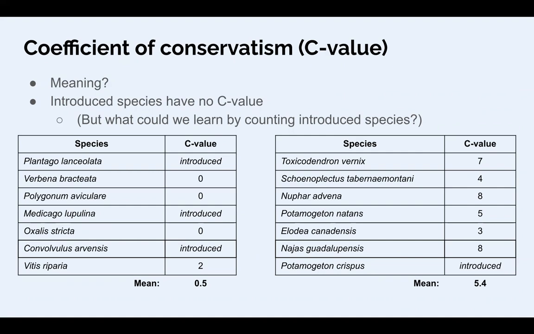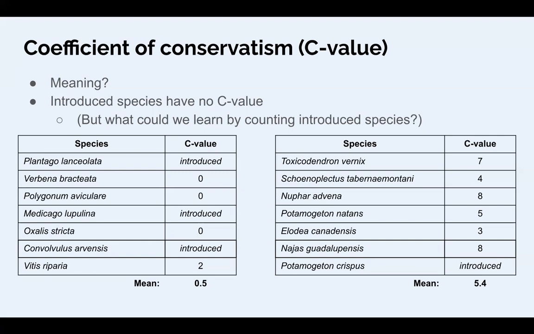And some species, if they have a really high C value, that's the only place you find them is in more of a pristine habitat. So I got a couple of examples here showing different species with different ranges of C value and some estimates of what you can get for your calculations based on those habitats.